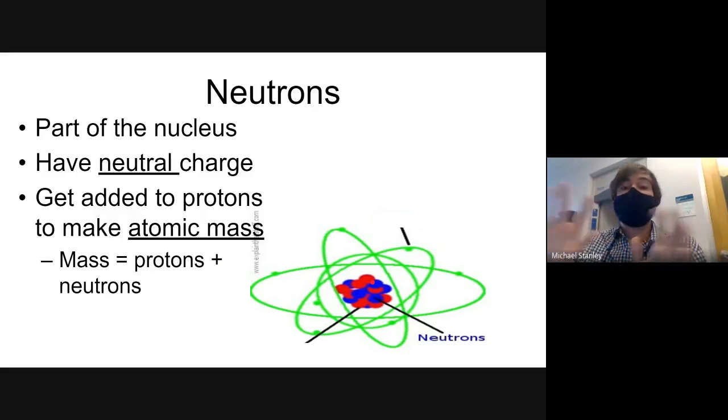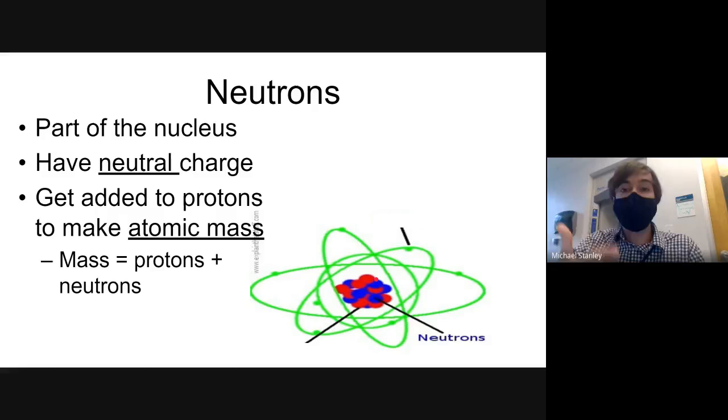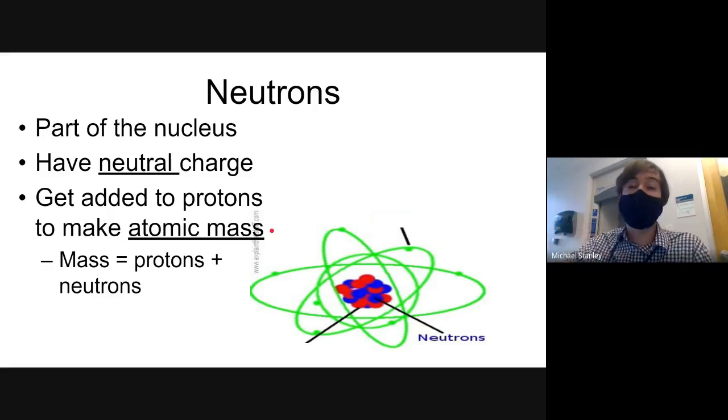Some atoms are really heavy. They have a lot of protons and neutrons in the nucleus. So neutrons are neutral, and they're hanging out with protons in the nucleus where they make up the mass of the atom. So the weight of the atom essentially is just the protons and neutrons together.